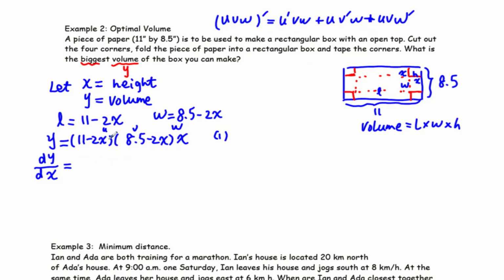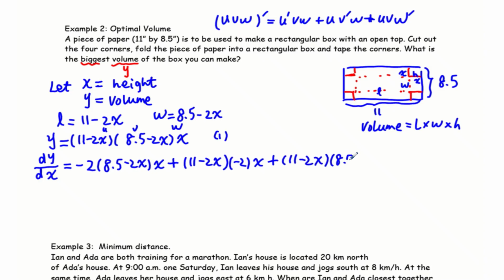So first term derivative is -2. Then the second term, first and last don't change. The second term derivative is -2 again. And plus first, second, now change. Last term derivative is just 1.